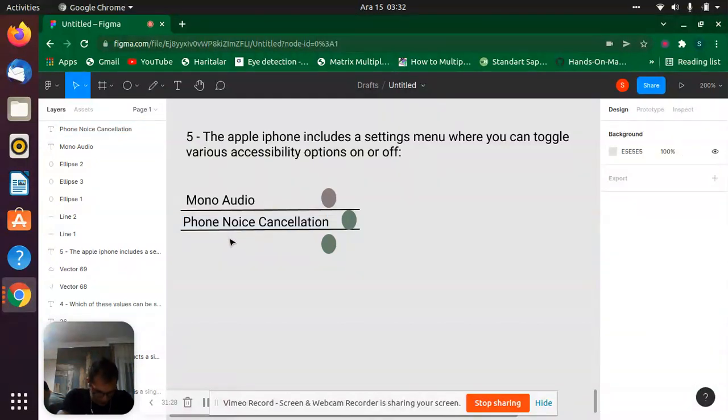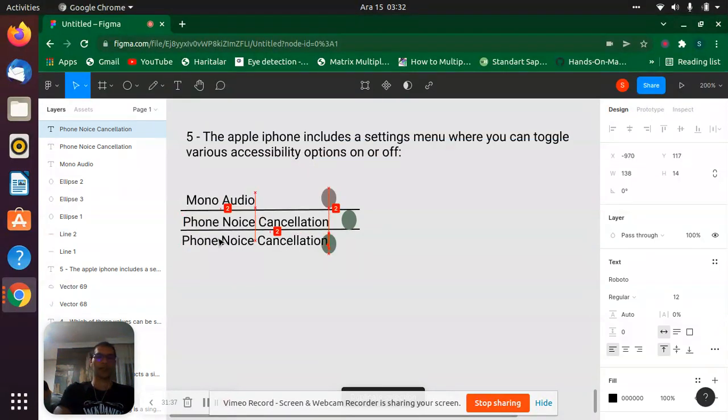And the other one will be hearing and compatibility. Okay, this one I will take more here, duplicate, then come down.